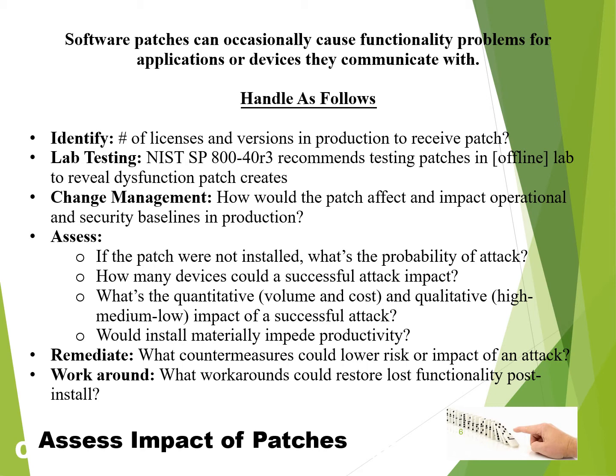If we remediated the installed patch, what countermeasures? If we chose not to install the patch, what countermeasures could we use to lower the risk or impact of an attack? And if we did install the patch, what workarounds could restore lost functionality post-install? And have we tested those workarounds, and do they work?